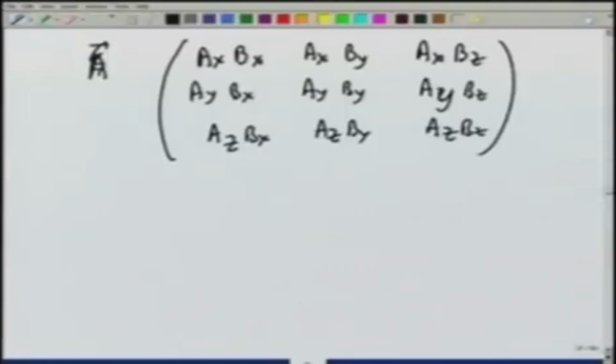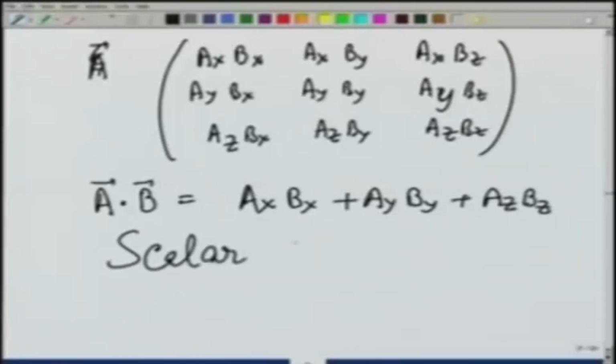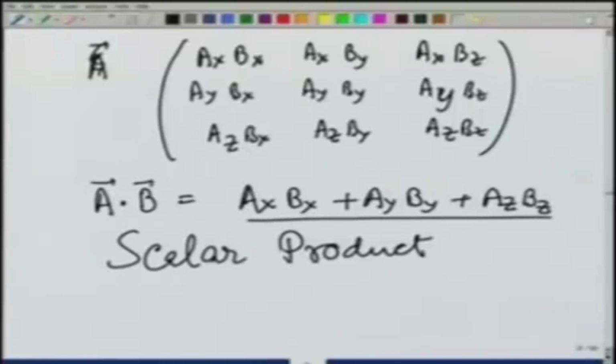Of all these 9 components, we took 3 of them and wrote a scalar product as the sum of axbx plus ayby plus azbz, and we call this a scalar product. That is, if I take these components and add them up, this gives me a number which is scalar.